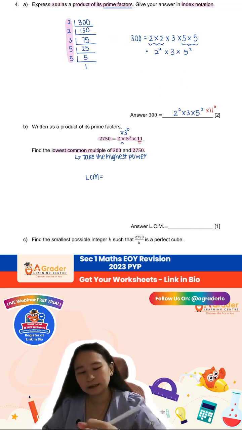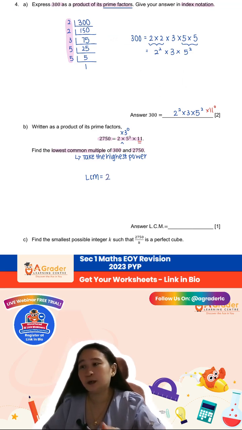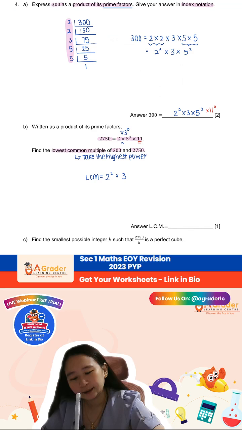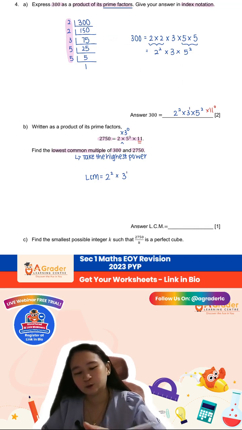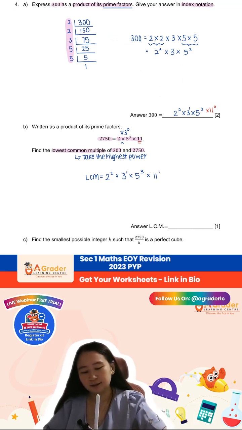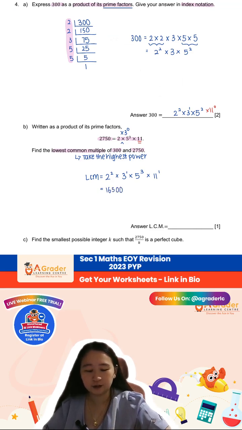So the highest power of 2 is 2. The highest power of 3 is 1. The highest power of 5 is 3, and the highest power of 11 is 1. Then we multiply out everything, we get 16,500.